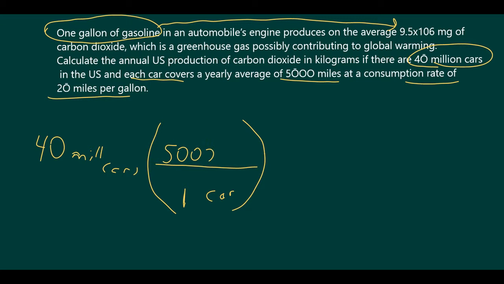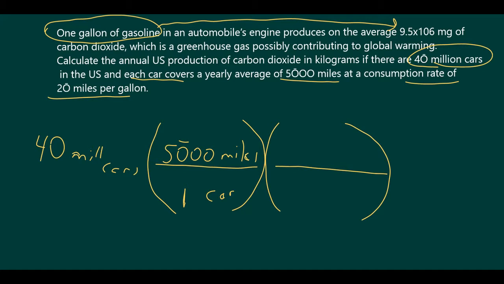And again, notice the line is over the 0, so we have 2 sig figs. The 1 car is an exact number, so that does not affect our sig figs. So that gives me a relationship that I know 40 million cars, we can figure out essentially how many miles have totally been driven.